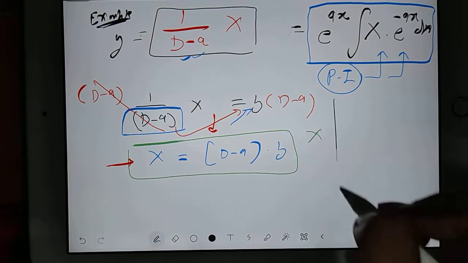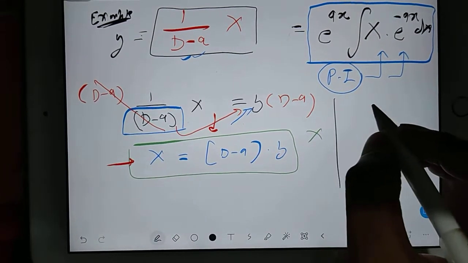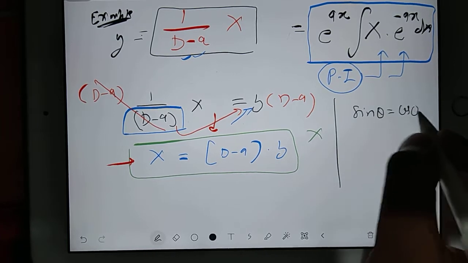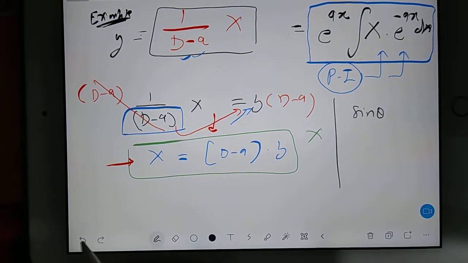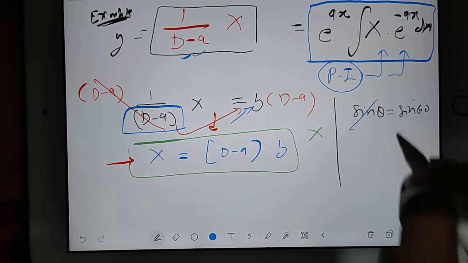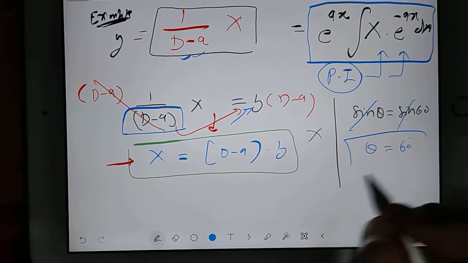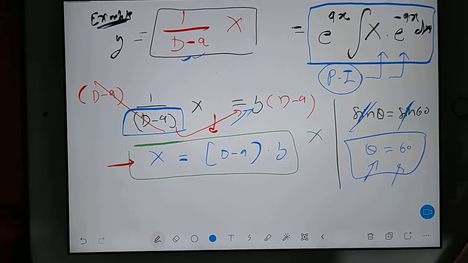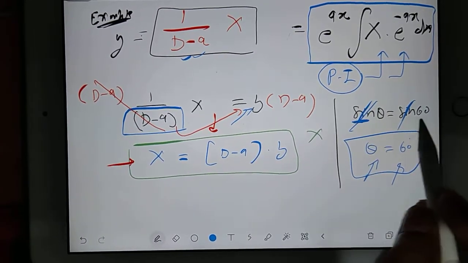Now, I will tell you that how some teachers are teaching in different ways. Sometimes they say if sine theta is equal to sine 60, they say sine will get cancelled, theta is equal to 60 degree. No, actually theta is equal to 60 degree, but sine we don't cancel. Get my point? They are not products.